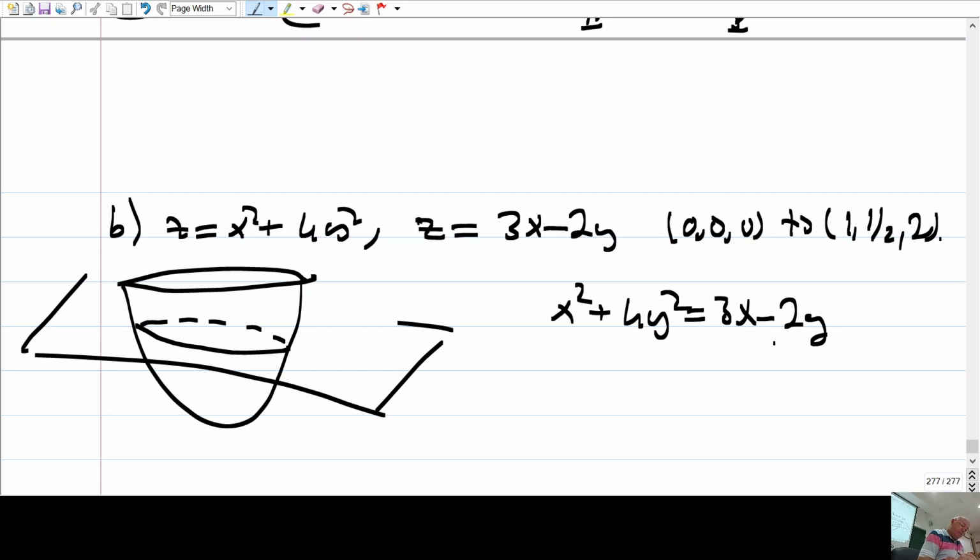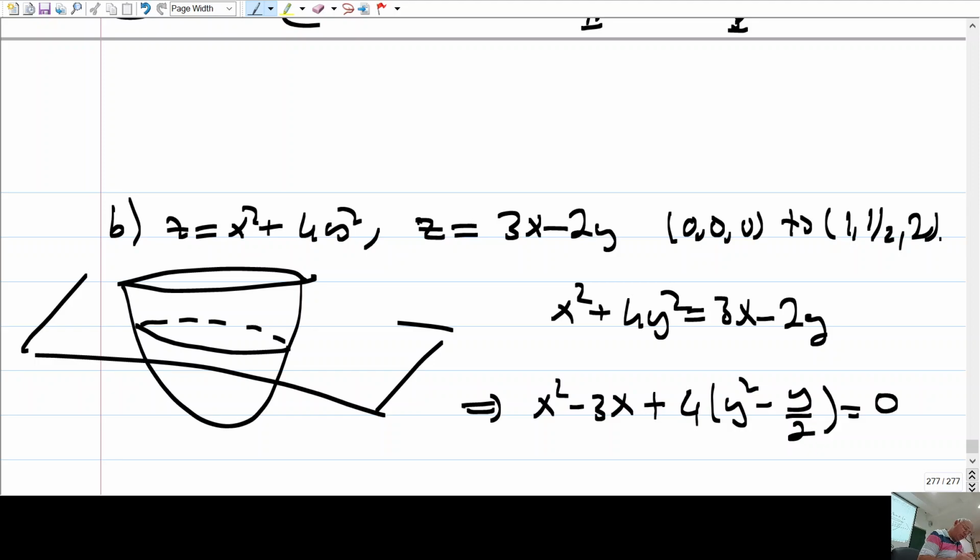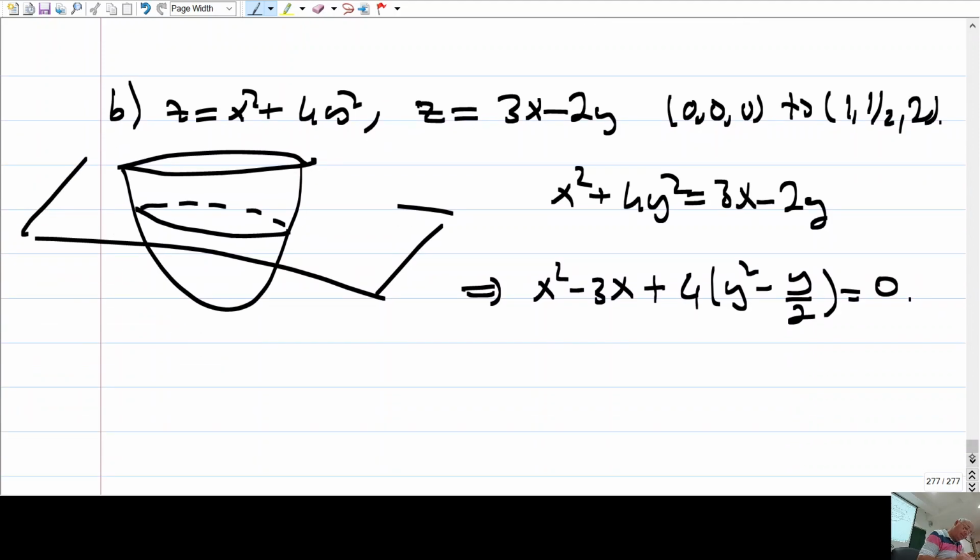So this is just x squared minus 3x plus 4y squared plus 2y equals 0, right?